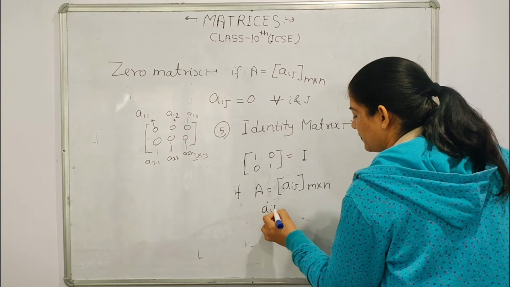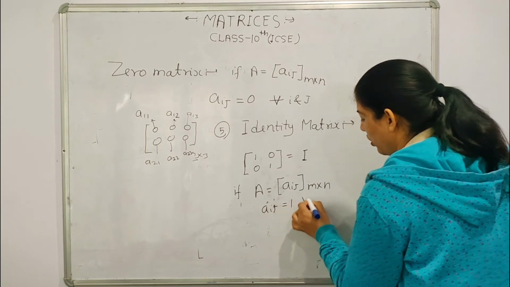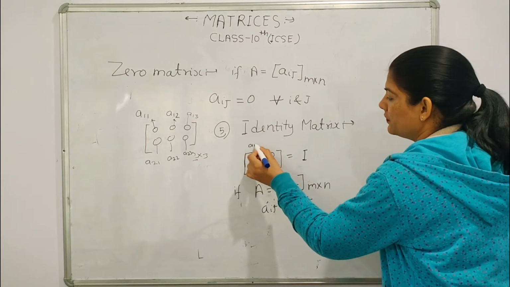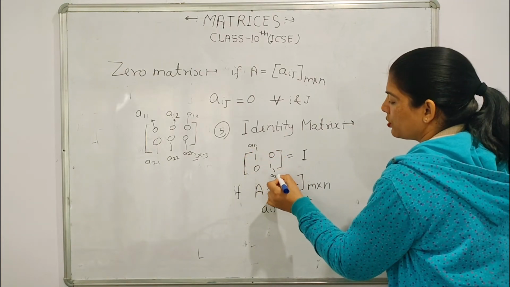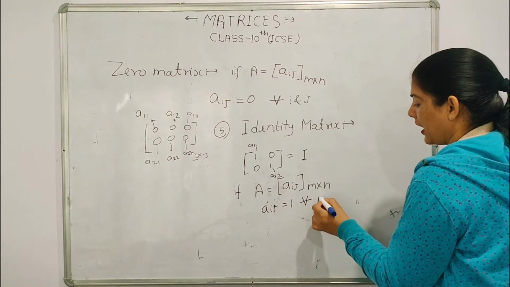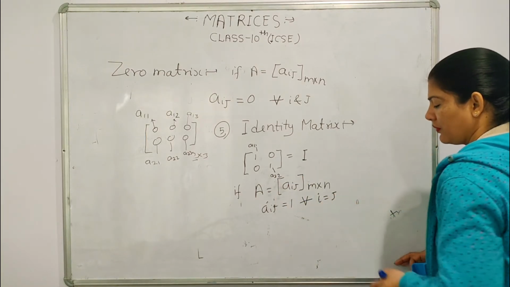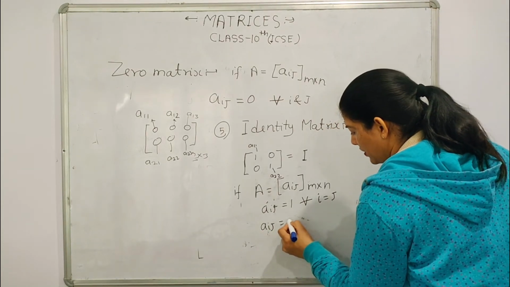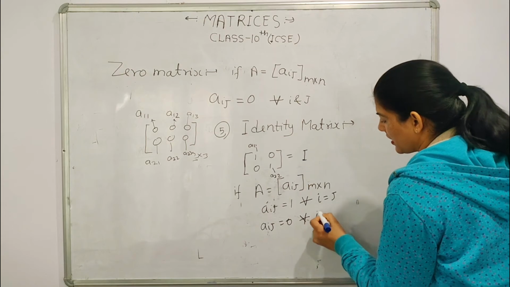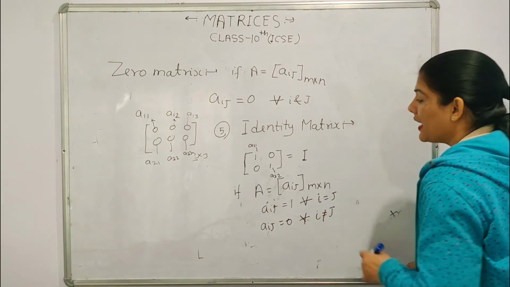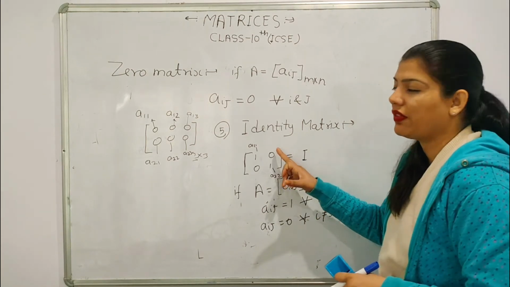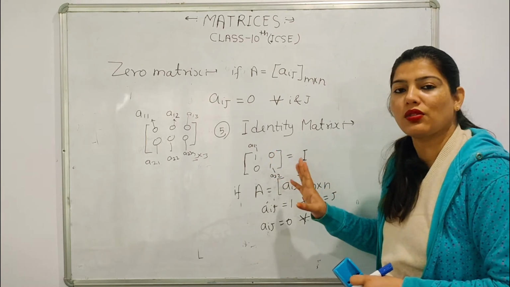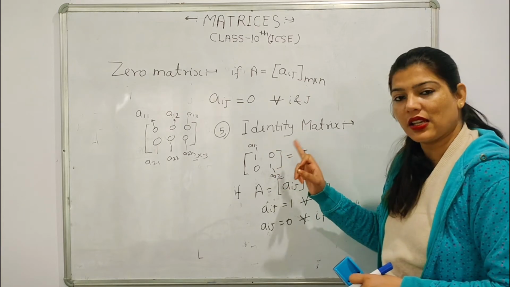Aij is equal to 1 for the diagonal elements, A11, A22, that is, for all i equal to j, and Aij is equal to 0 for all i not equal to j. As you can see here, this is A12, so i is 1 and j is 2, and 1 is not equal to 2. So that's why it is 0.